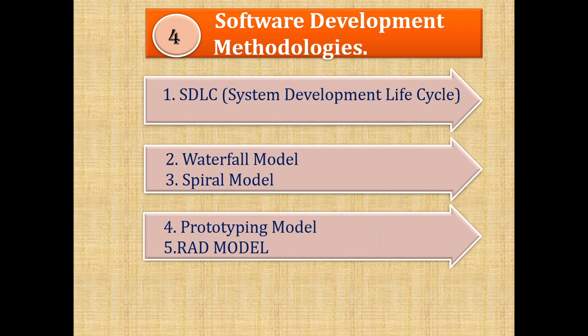Then the next model that we are going to study is the prototyping model. The prototyping model is one of the most popular used software development lifecycle models. This model is used when the customers do not know the exact project requirements beforehand. Very important thing that you are going to remember regarding prototype model, that the customer is new, he doesn't know what his requirements are.